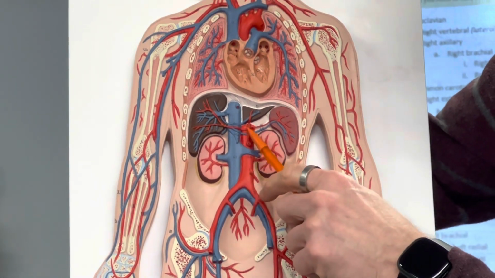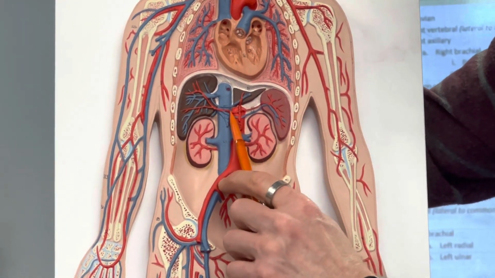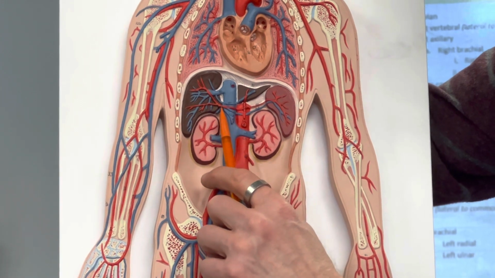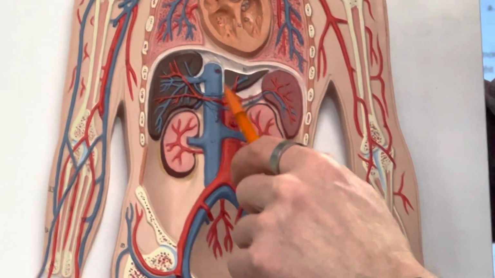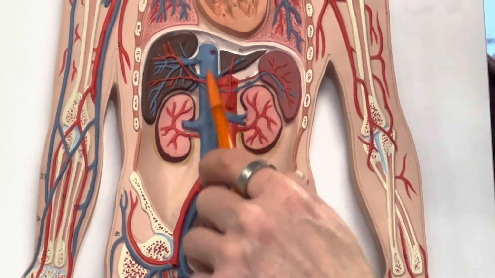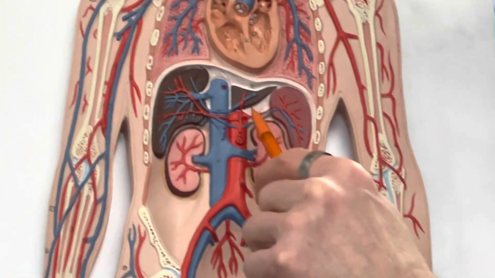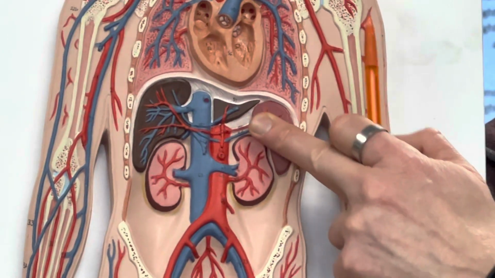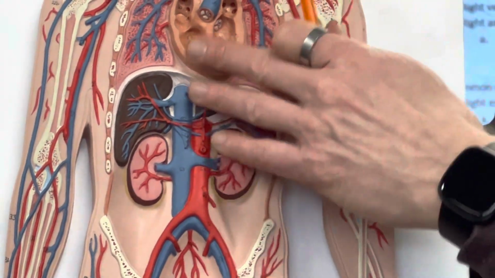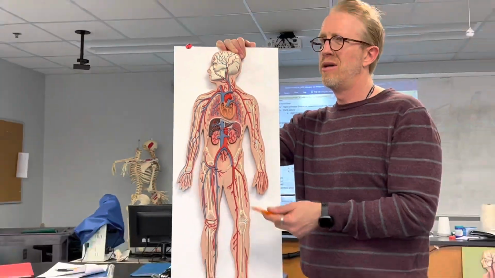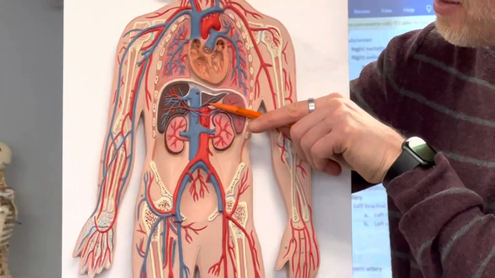You can see over here this red that goes over to the liver, hepatic. Going to the stomach is gastric, and I guess that's this branch going up right here, and then splenic is going over here to the spleen. But I would more likely ask for celiac trunk on this little model than the branches coming off. So celiac trunk is listed there.